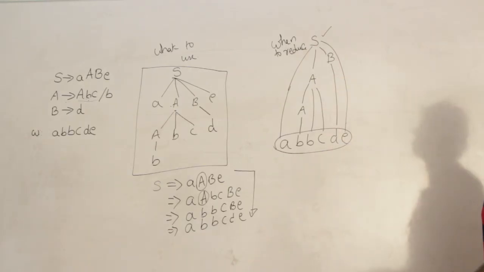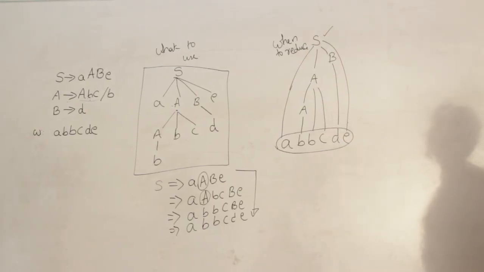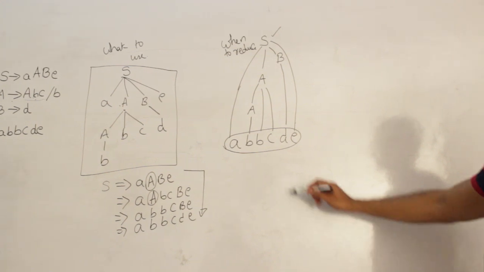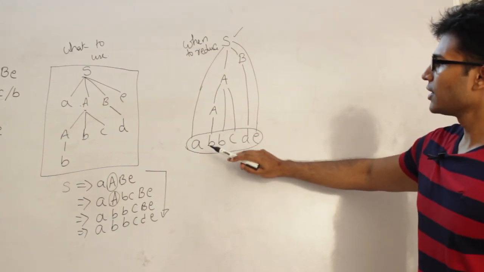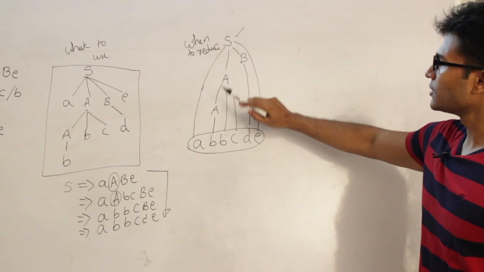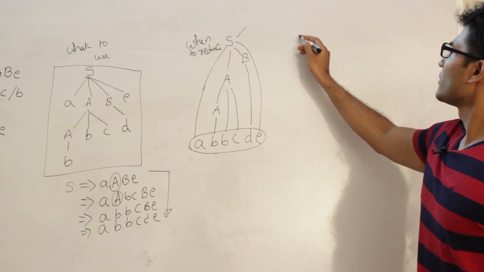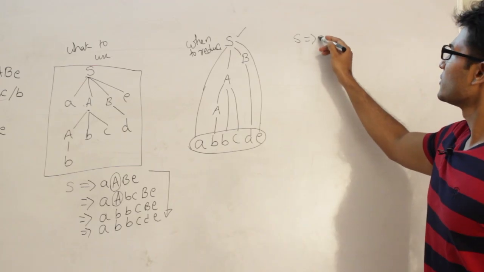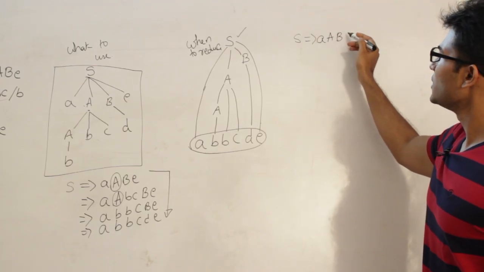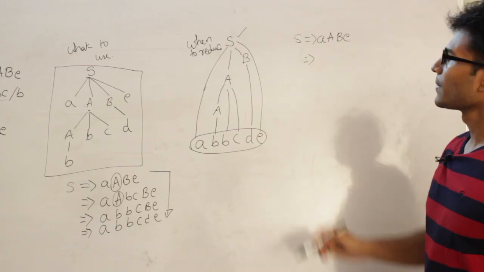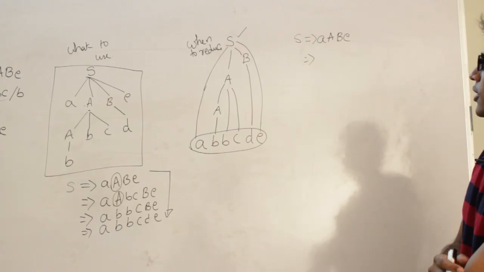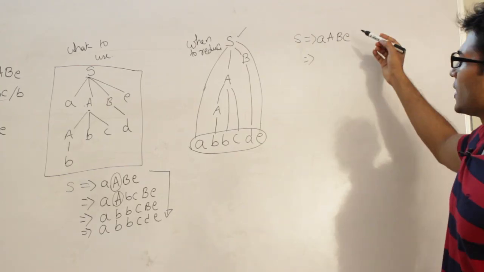Coming to bottom up parsers, let's see how this one behaves. First I reduced this B to A, and then ABC is reduced to this, and then D. So it is a kind of S derives A, B, E. And now let's see the rightmost derivation.